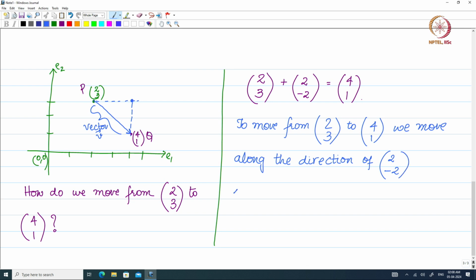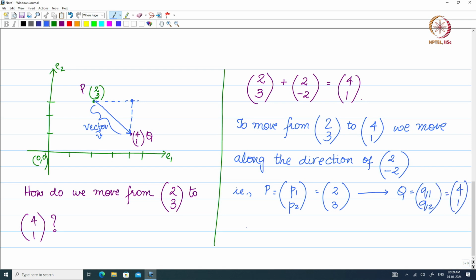That means we have this point P whose coordinates are P1, P2, which is equal to (2, 3), and we want to move from here to the point Q, given by Q1, Q2, whose coordinates are (4, 1).